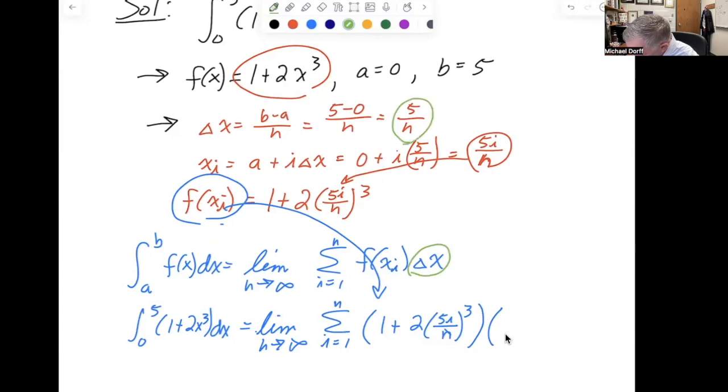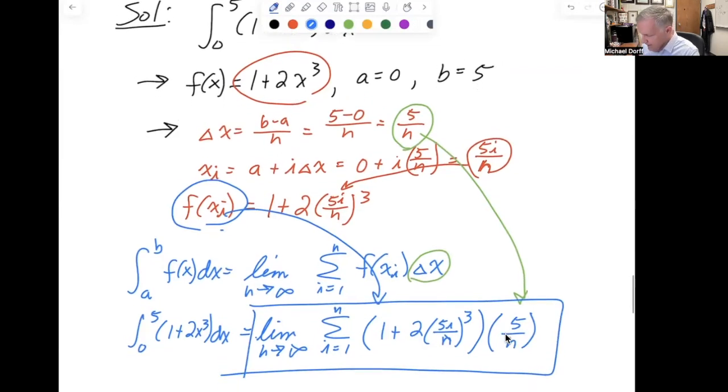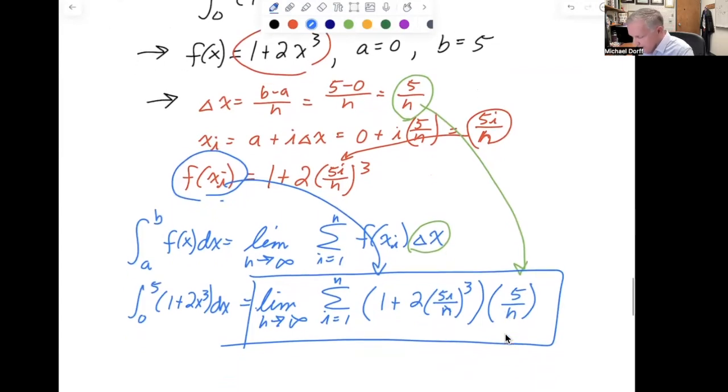Delta x was 5 over n. So there is my answer. And that then shows the connection between the integral and the limit of the Riemann sums.